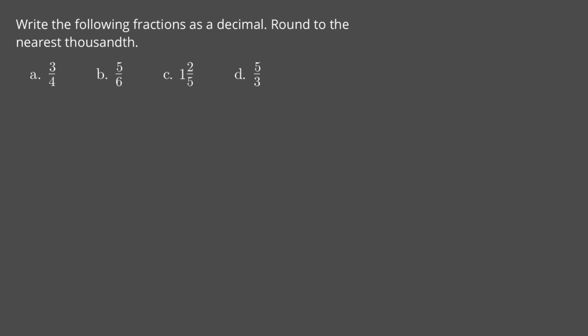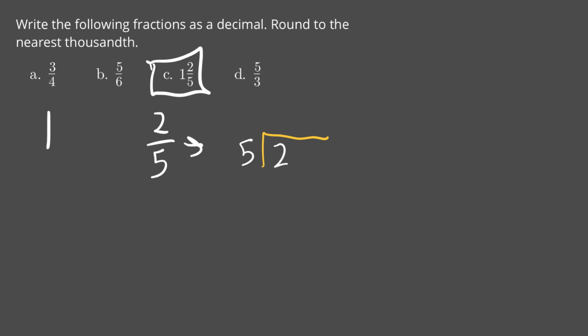Next, for part C, we have a mixed number, 1 and 2 fifths. There's a couple ways to do this. I'll show you two. The first is you take the whole number, which is 1 in this case, and you set it off to the side, and just don't worry about it for now. Then you look at the fraction, which is 2 over 5, and you do that in the same way we did previously, which is going to be long division with a 5 and a 2.